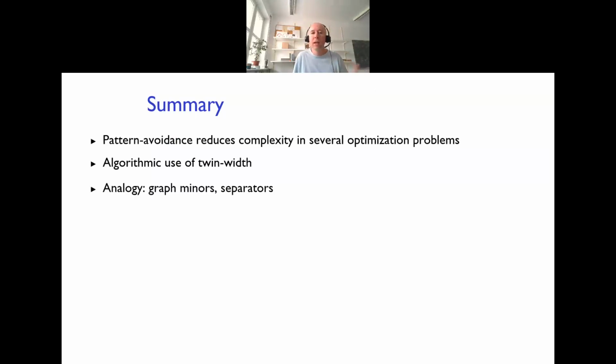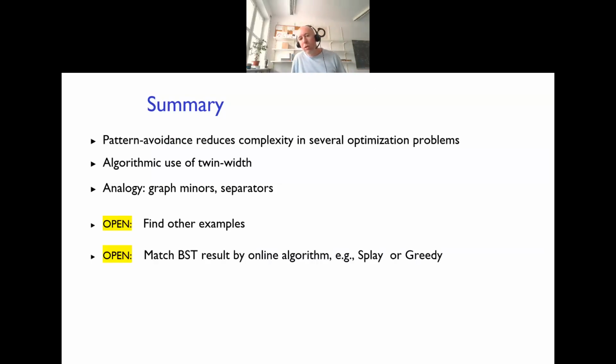And there could be an analogy maybe here with the graph algorithms, where the avoidance of an arbitrary minor leads to separators and low complexity solutions. Here we look at the sequential input, and the avoidance of a pattern leads to low complexity solutions. And an open question is to find other examples where pattern avoidance may help.